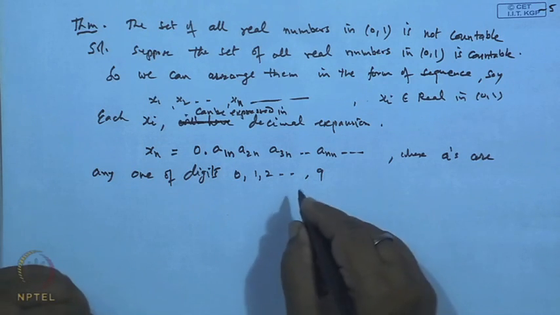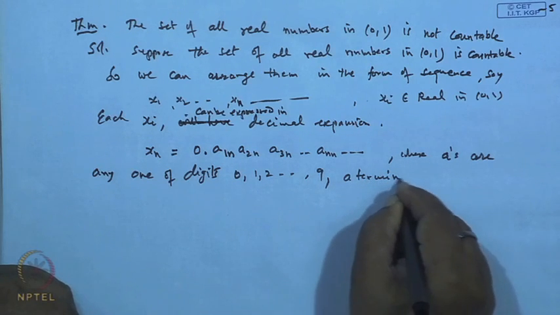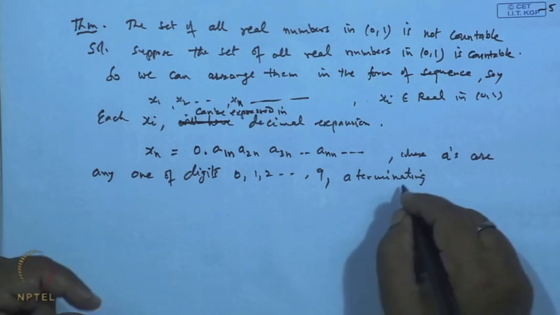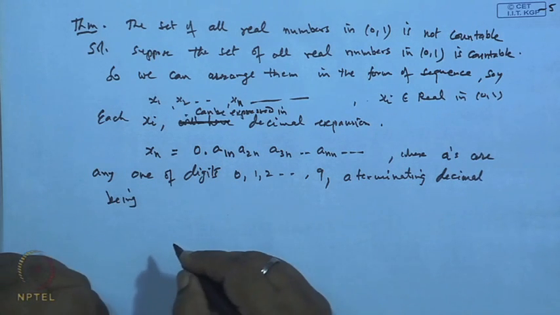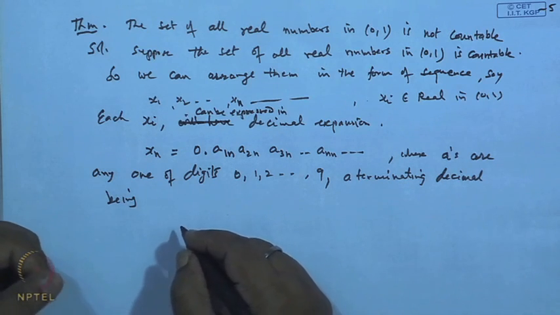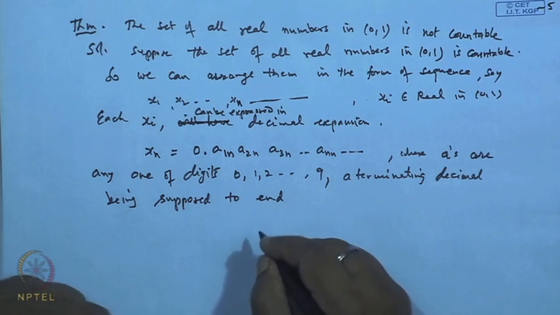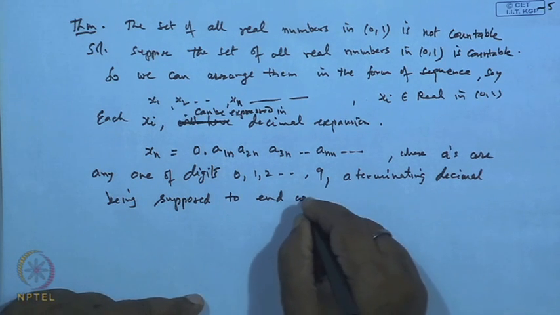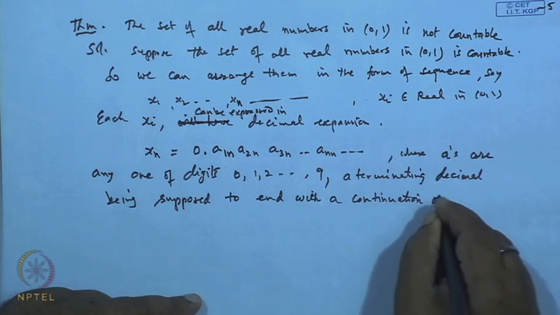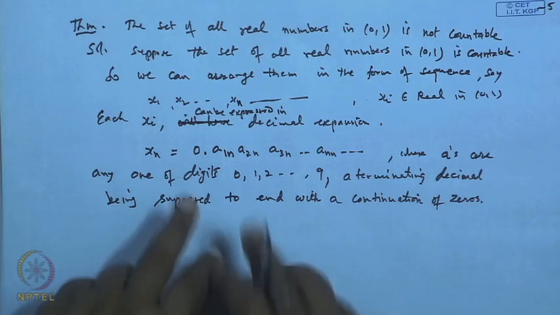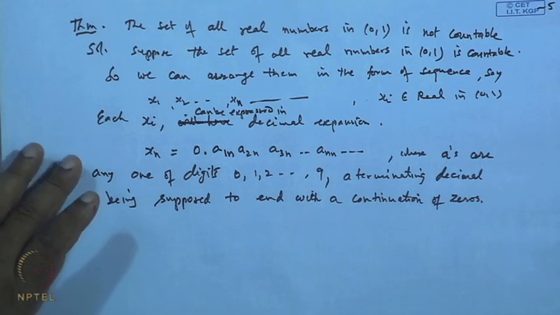A terminating decimal is supposed to end with a continuation of zeros. Suppose it terminates here, then the rest we write as 0 0 0 0 like that.